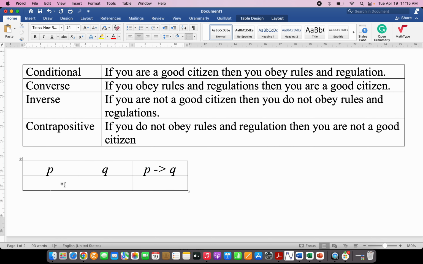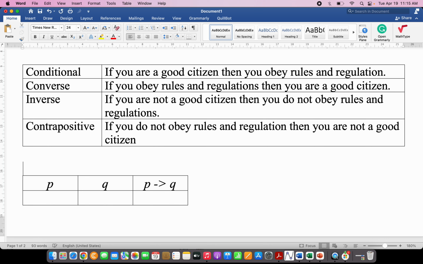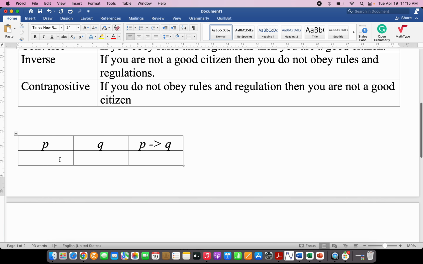So, is the hypothesis true if you are a good citizen? What is the truth value of the hypothesis? If you are a good citizen, what is the truth value? True or false? True. So, number one muna tayo ha. Ito number one. Yung conditional statement to. So, the hypothesis is true.